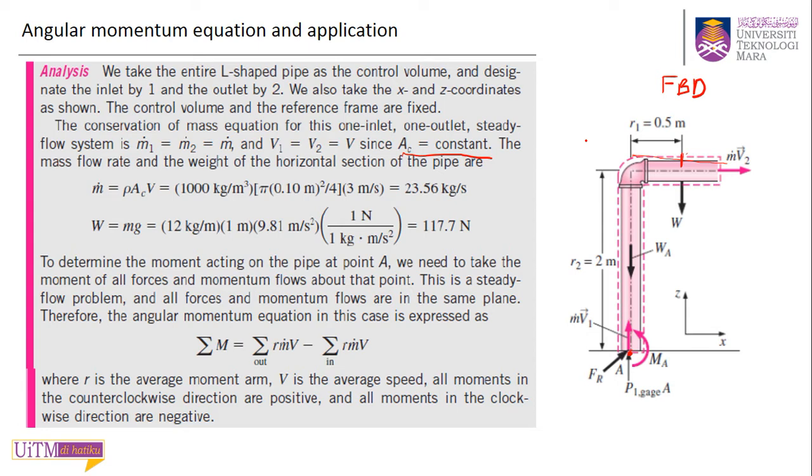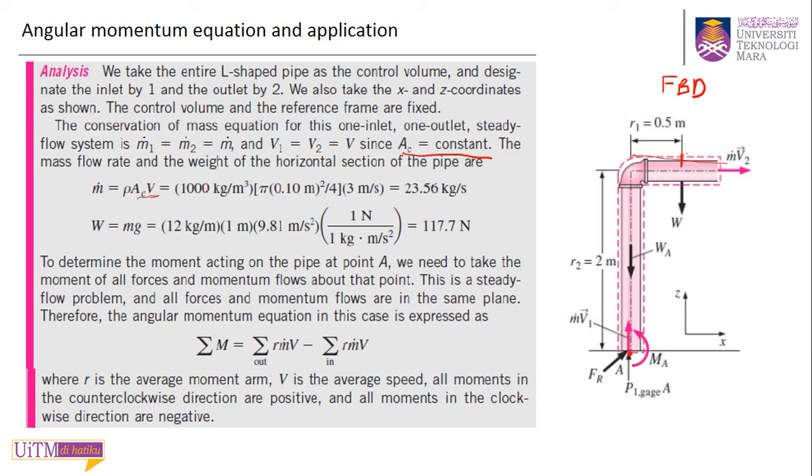Next, the mass flow rate and the weight of the horizontal section of the pipe. First you do your horizontal section to find the weight and the mass flow rate. This is the equation. For the mass flow rate, you still need to remember your continuity equation: mass flow rate is rho times Q. So Q is A times V, so rho times area times velocity gives your mass flow rate.